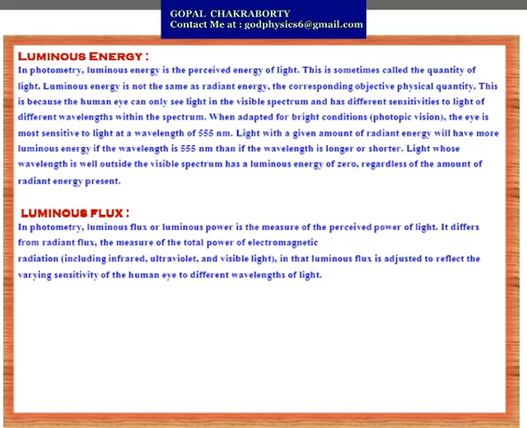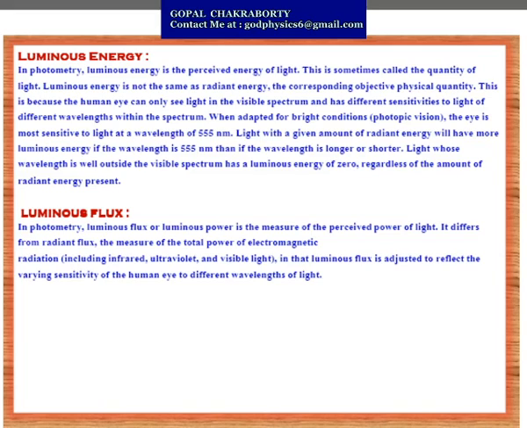When adapted for bright conditions, which means photopic vision, the eye is more sensitive to light at a wavelength of 555 nanometer. You know 1 nanometer is equal to 10 to the power minus 9 meter, so 555 nanometer means 555 times 10 to the power minus 9 meter.